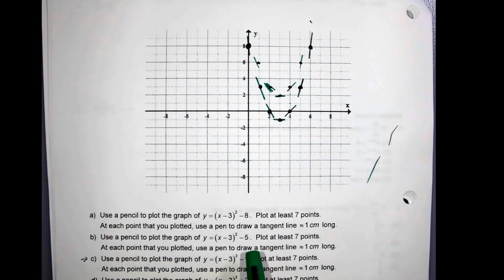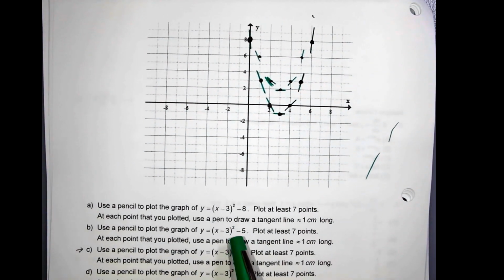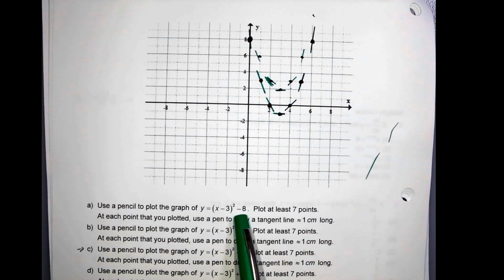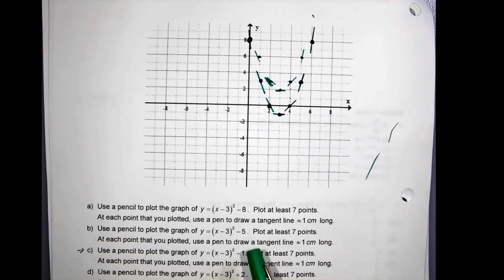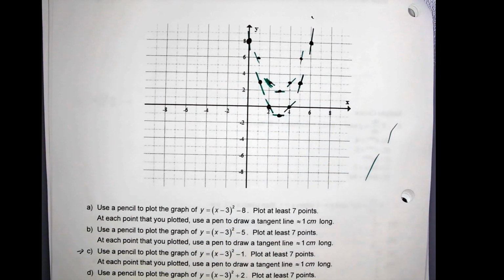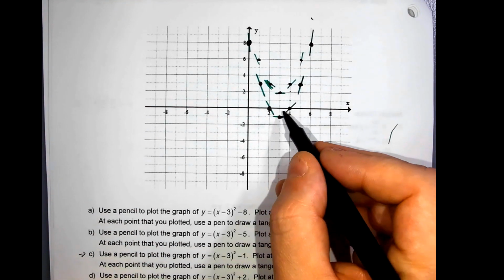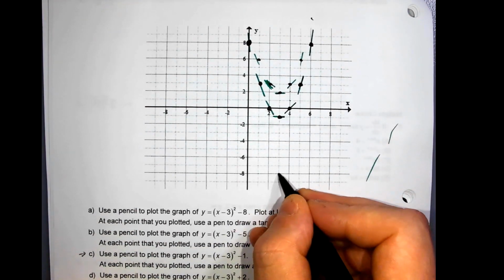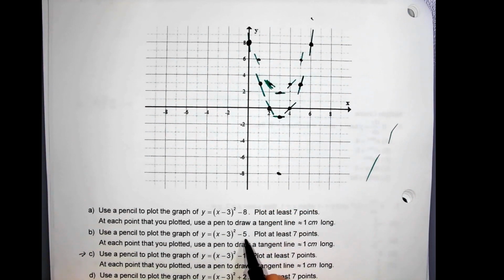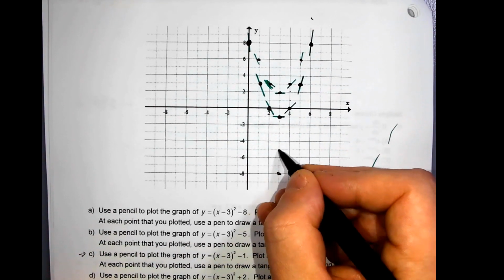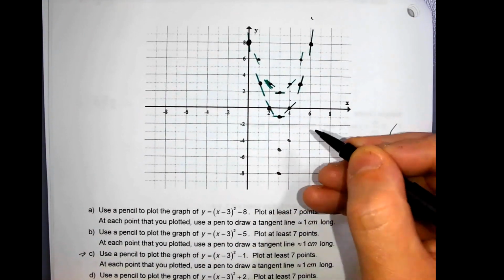And then for parts A and B, where the shifts are down 8 from the parent function and down 5 from the parent function, those would be starting at 3 comma negative 8 and 3 comma negative 5. But the general shape is going to be the same, right?